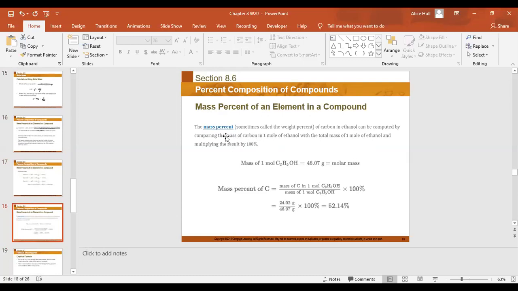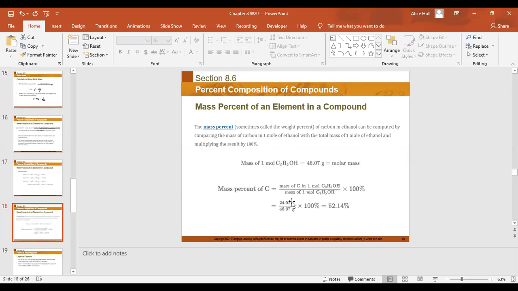So we're going to compare the mass of carbon in 1 mole of ethanol with the total mass of 1 mole of ethanol, and multiply it by 100% to get your percentage. So let's look at how it's set up here. We have mass percent of carbon. So we have the mass of carbon in 1 mole and the mass of 1 mole total, okay, times 100.